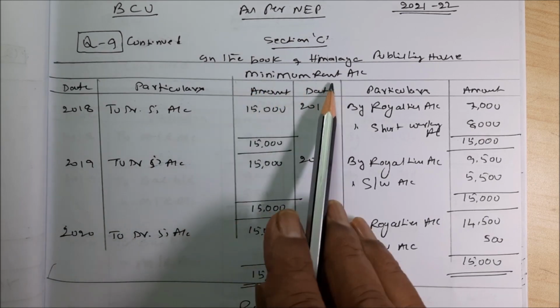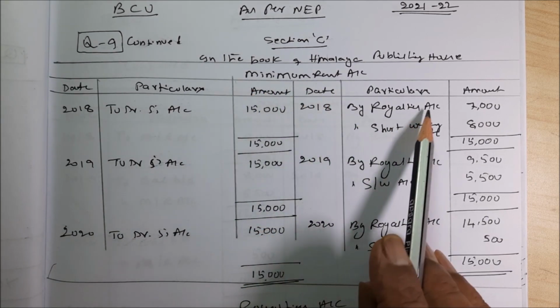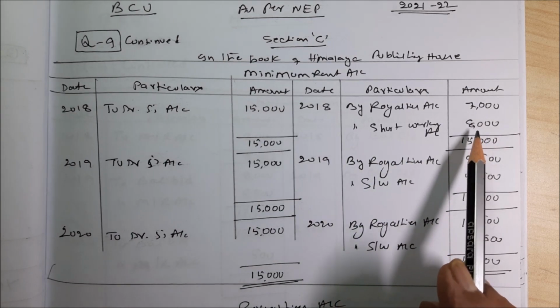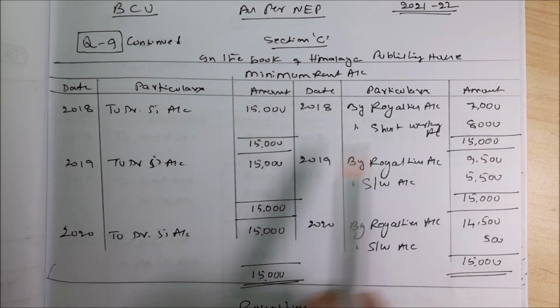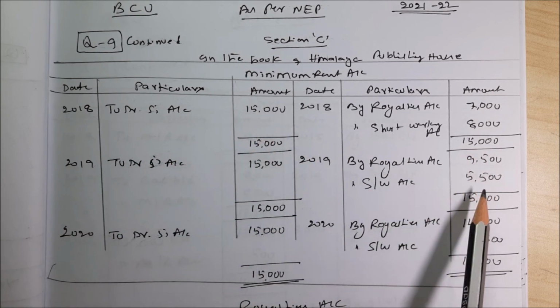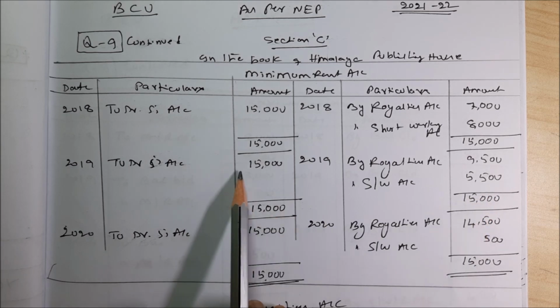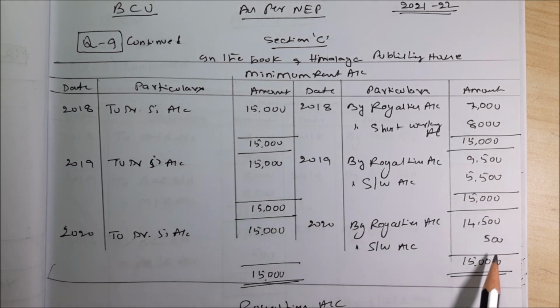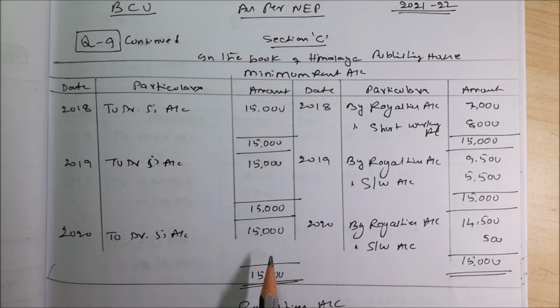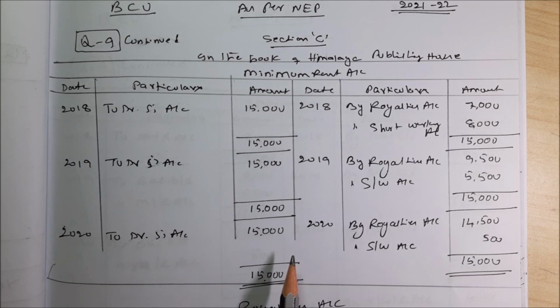Minimum rent account: by royalty 7,000, by short working 8,000. If you do the table perfectly, you can just transfer it. Then Dr. S account: 15,000. Then 9,500 and 5,500 make 15,000. Then 14,500 and 500 make 15,000. Once you get royalty more than minimum rent, you cannot continue to record minimum rent, because now your royalty is more than minimum rent.